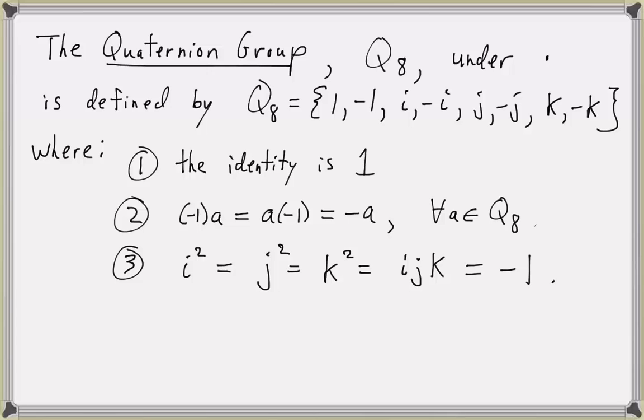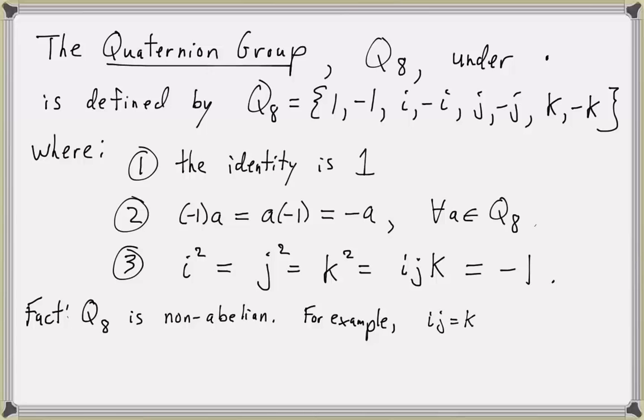For example, if we look at this last relation, ijk equals negative 1, if we multiply both sides of that equation by k, we can deduce that I times j equals k, but j times I will equal negative k.